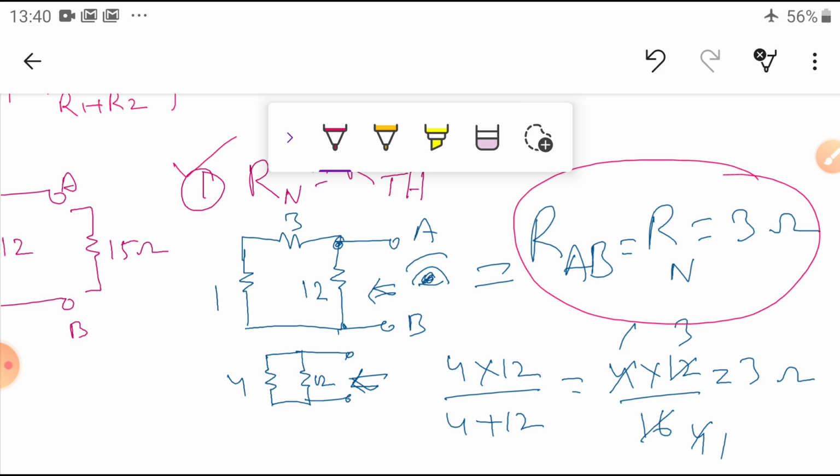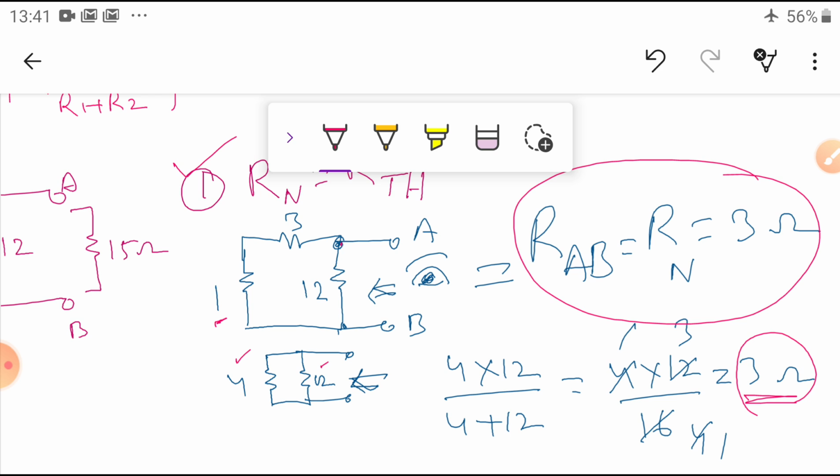For this, the voltage source is shorted, and a current source would be opened. The voltage source is removed and in its place we connect its internal resistance of 1 ohm, in series with the 3 ohms, and the 12 ohms is connected across. So 3 plus 1 is 4 ohms, and 4 in parallel with 12 simplifies to 3 ohms.